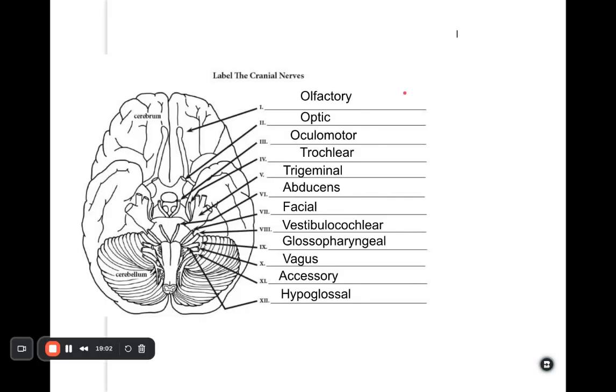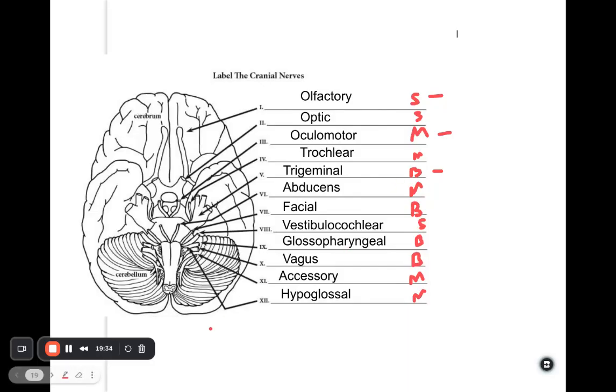And that just corresponds to some say marry money, but my brother says beautiful matters more. So the M stands for motor, the S stands for sensory, the B stands for both, carrying both sensory and motor functions. So that can help you remember those.